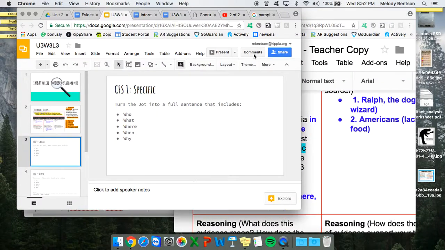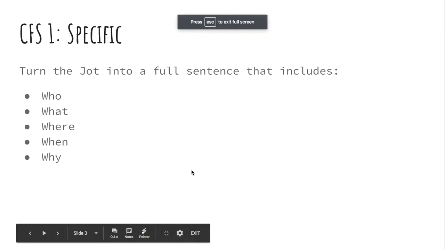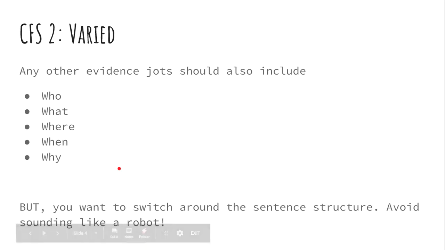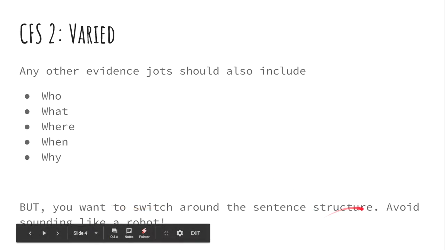The next criteria for success that we have is that it is varied. That means any other evidence jots also need to include the who, the what, the where, the when, and the why. But you want to switch around the sentence structure. Avoid sounding like a robot.